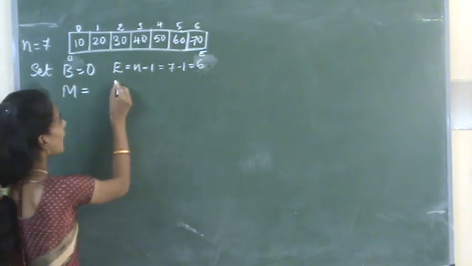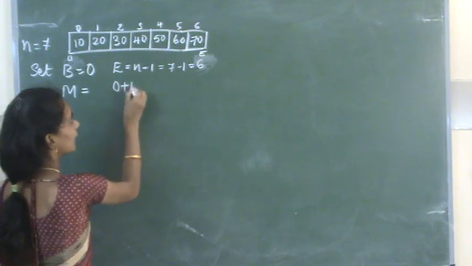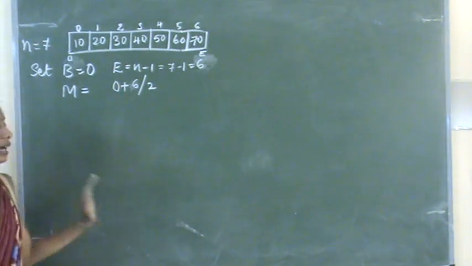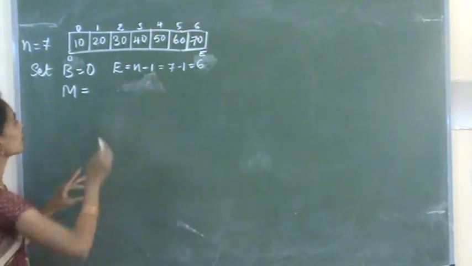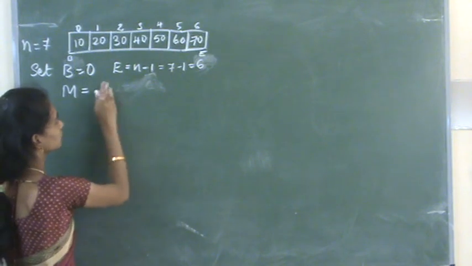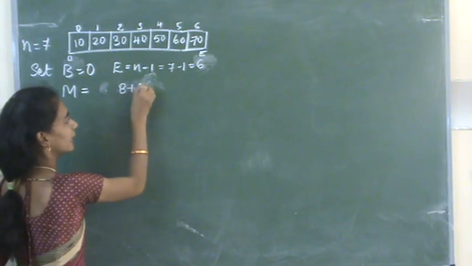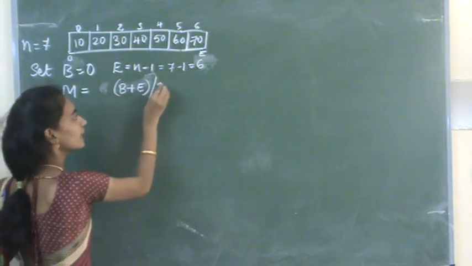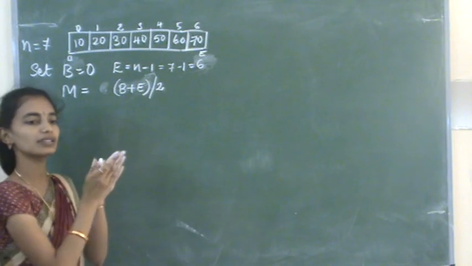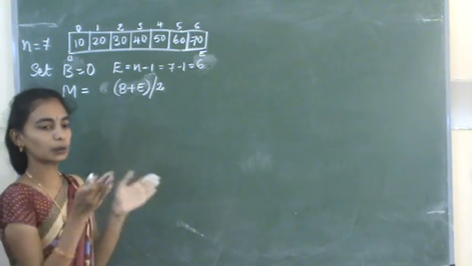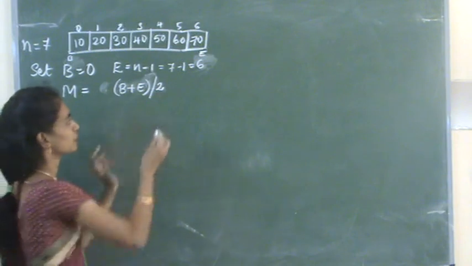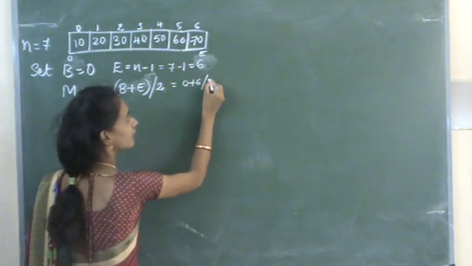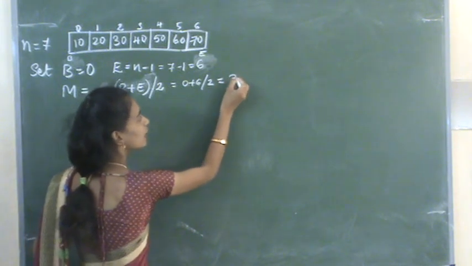We add beginning and end, and then divide by 2, which means dividing the array into 2 halves. So now this becomes 0 plus 6 divided by 2, which means 3.